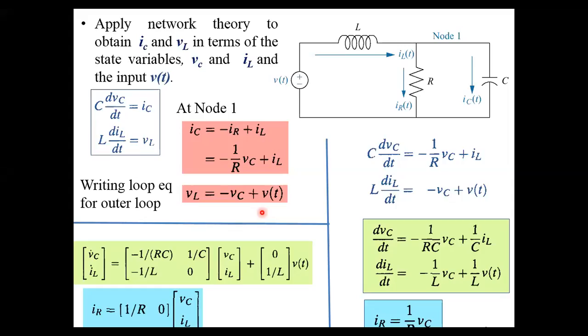So this example clarifies the linear independence topic. For the minimum number of state variables, the minimum number required is equal to the order of the differential equation describing the system.